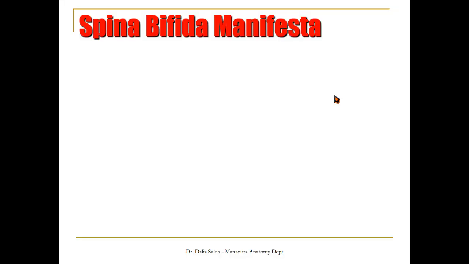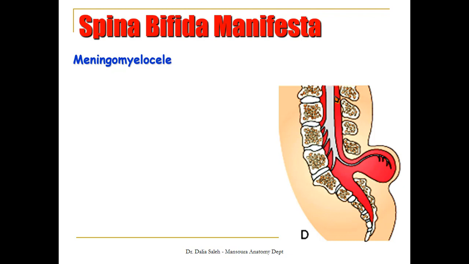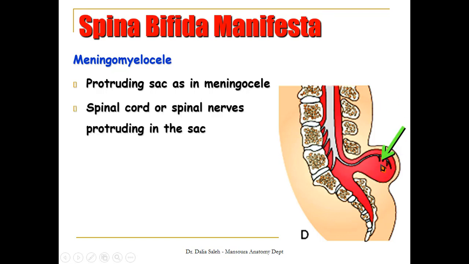The other type of spina bifida manifesta is the meningomyelocele. Here there is a protrusion of a meningeal sac, this one, like before, but part of the spinal nerves, or the spinal cord if it's high up, will protrude into this sac.